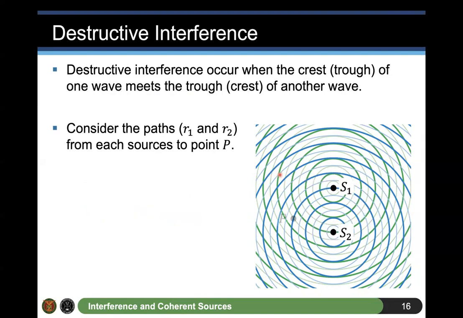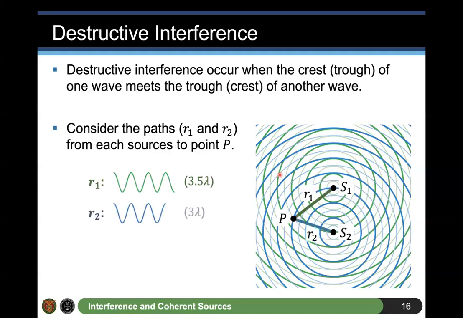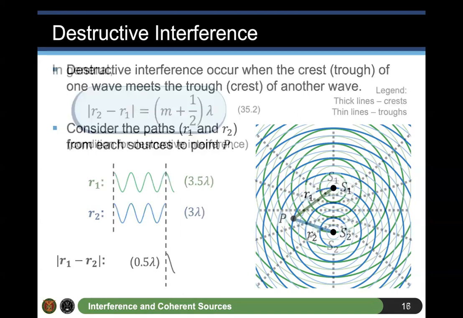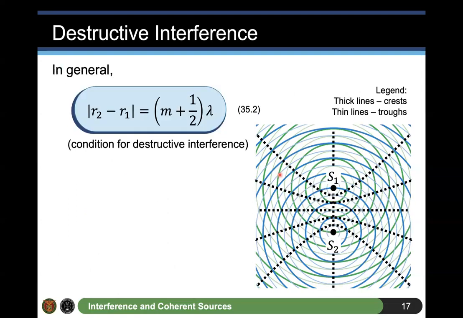So, another point, this will be 3.5 lambda. From R2, we have 3 lambda. Absolute difference will be 0.5 lambda. So, I think medyo obvious na ang condition for destructive interference in general should be m plus 1/2. Okay? To produce destructive interference.